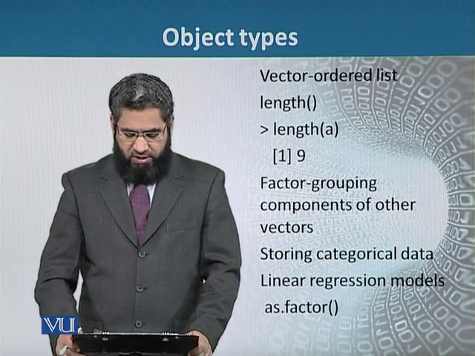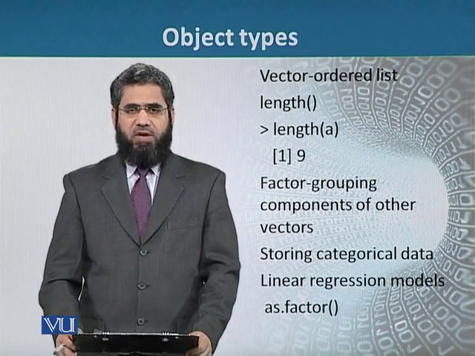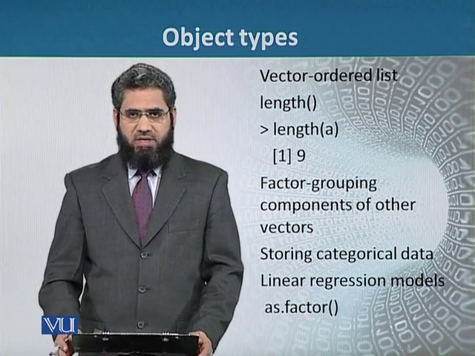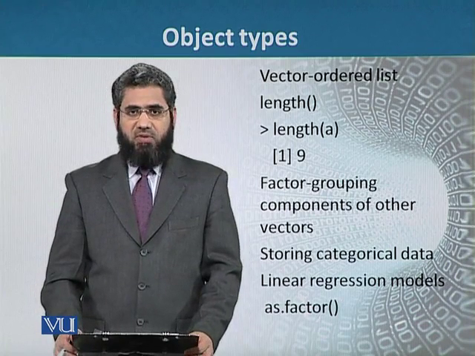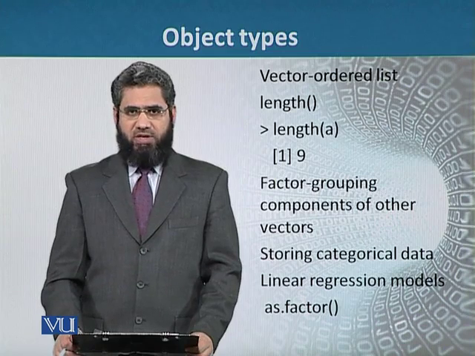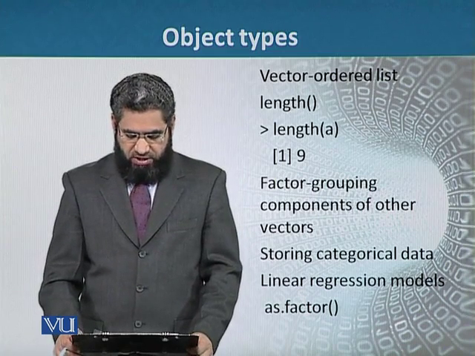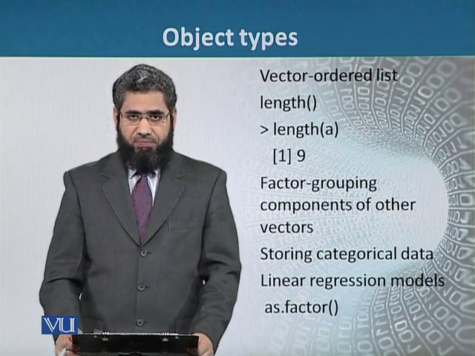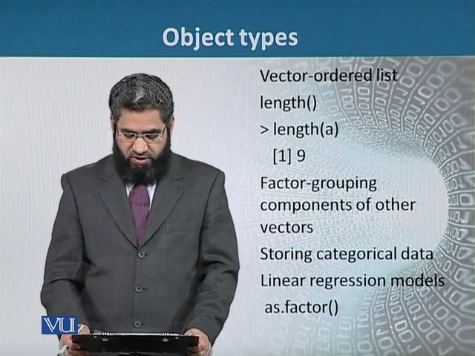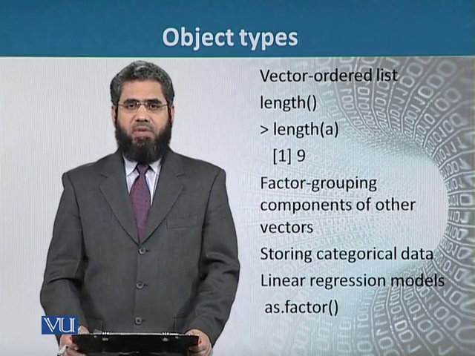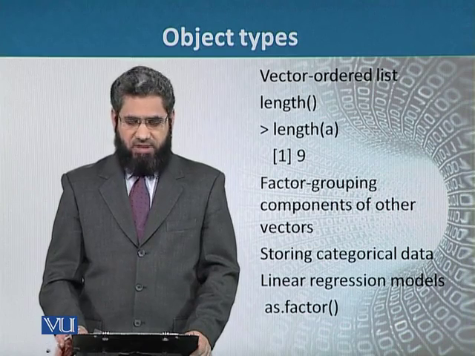So if we want to find the length of a vector, suppose A, and there are 9 elements present in the vector, then we will get the answer 9. It means 9 numbers are present in the vector.